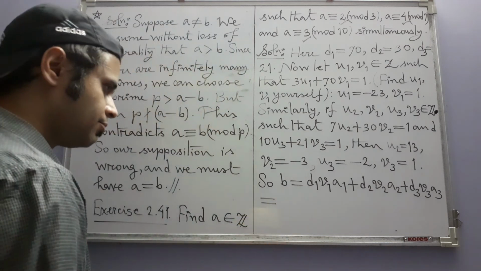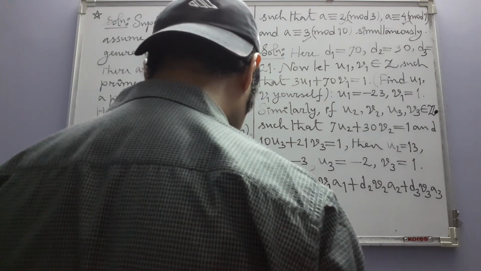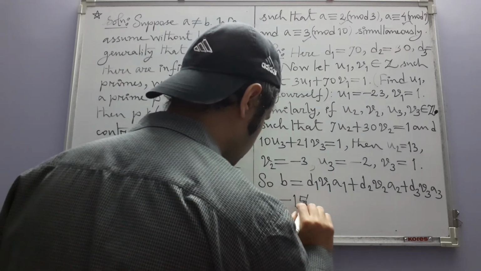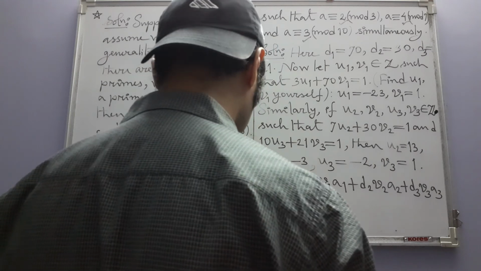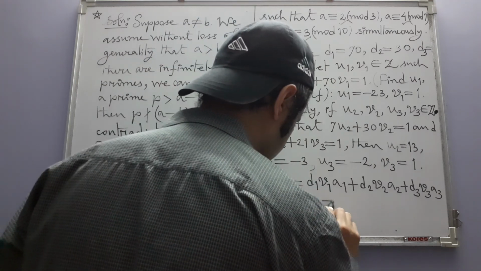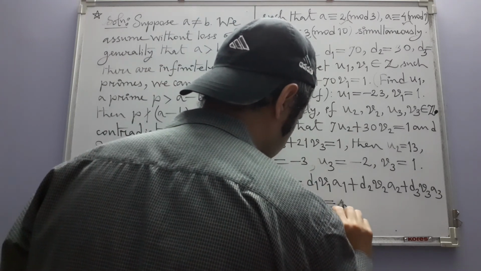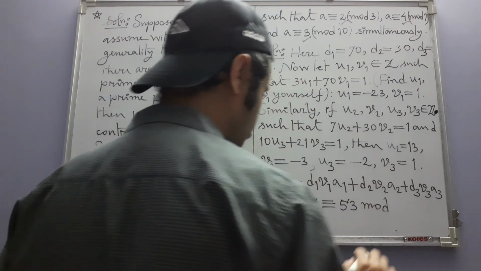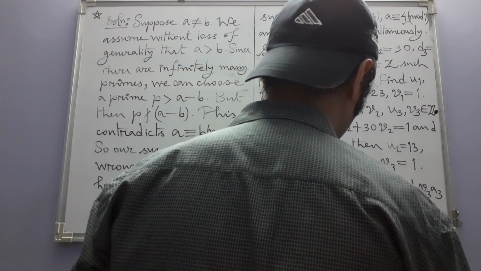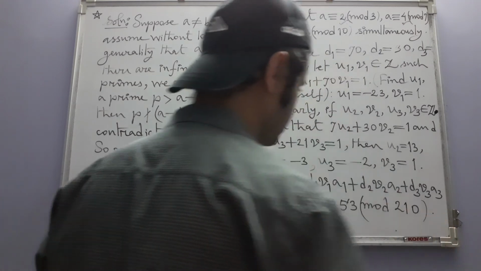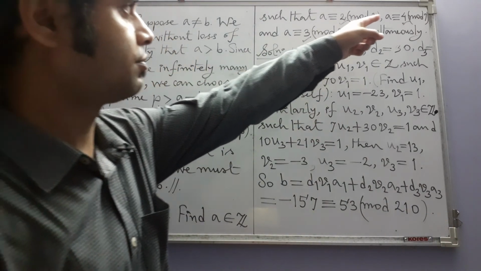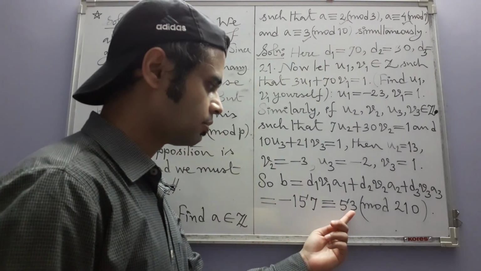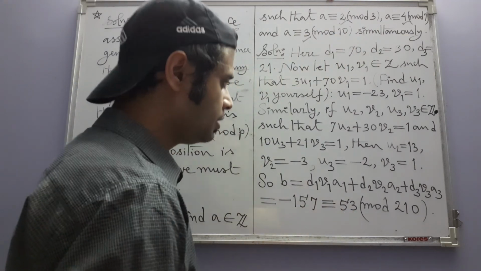So putting everything in this expression, it becomes minus 157, and that is congruent to 53 mod 210, and this 210 you can see is the product of the moduli 3, 7 and 10. So 53 is our a.